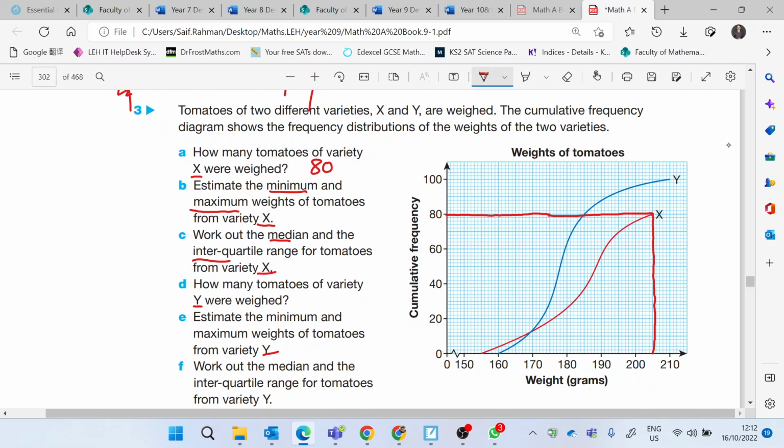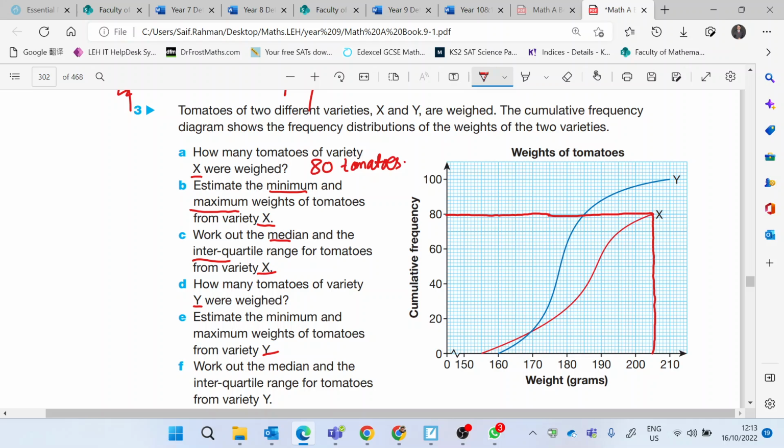In total 80 were the frequency. 80 tomatoes of variety X were weighed. Estimate the minimum and maximum weight of tomatoes from variety X.